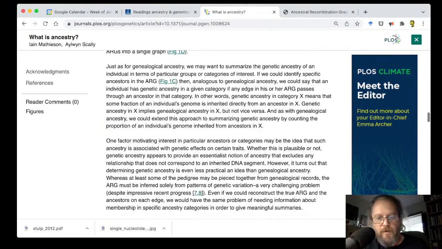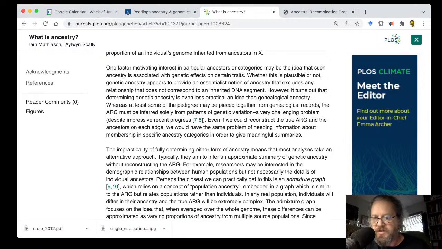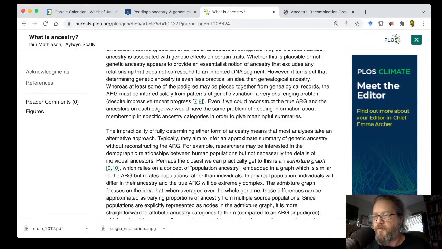And finally, what we're going to be reading through there is, of course, they're defining these things, but then they're going to basically start saying that we can't reconstruct pedigrees, if you will, by just simply looking at chunks of DNA.